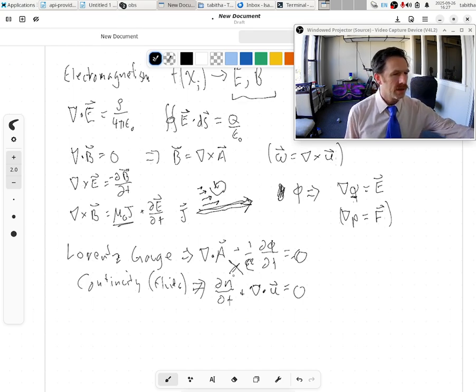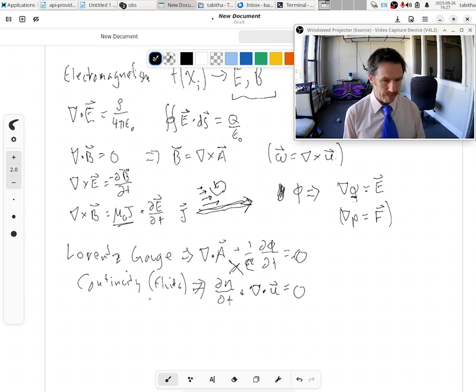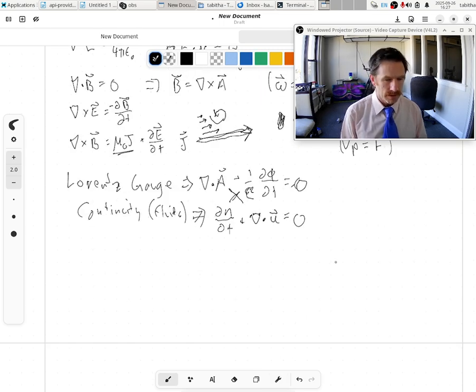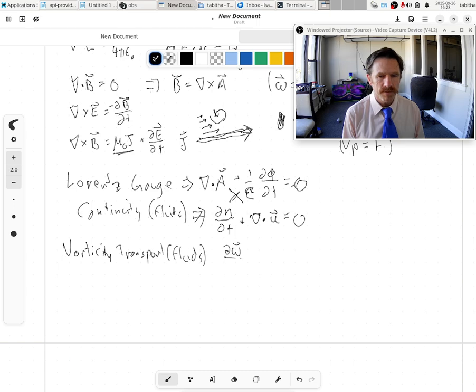And there's further coincidences, let's say, that might inspire us. We have a vorticity transport equation in fluids, that the rate of change of the vorticity in a fluid, the amount of rotation going on, is equal to a curl of our velocity of the fluid crossed with vorticity.